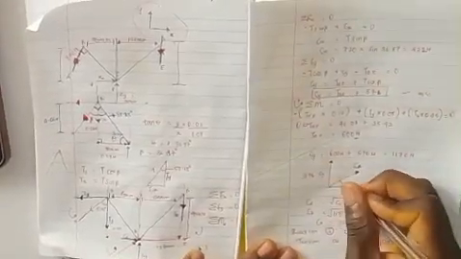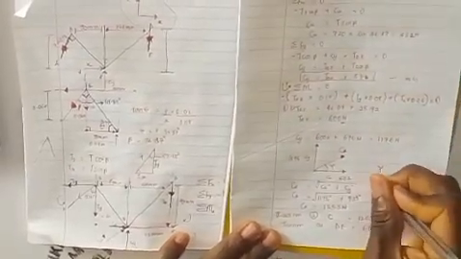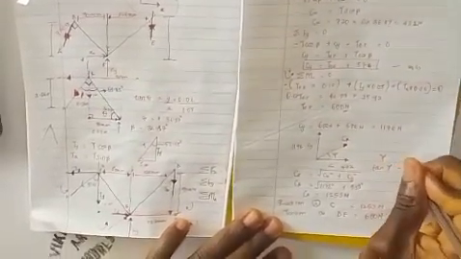Now don't forget, this particular thing will be inclined at one angle. Let's call it gamma. So we can actually look for gamma. We know tan gamma is equals to y over x.